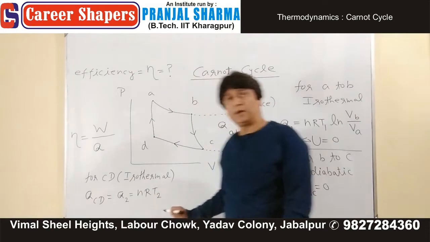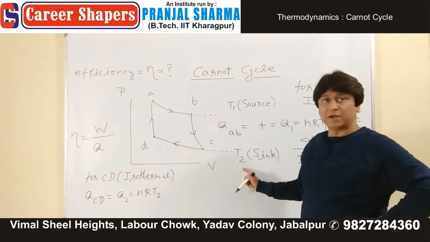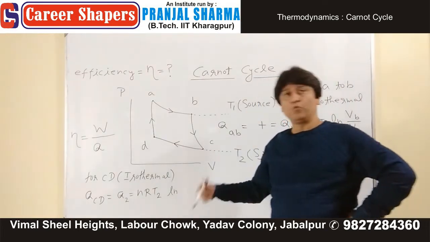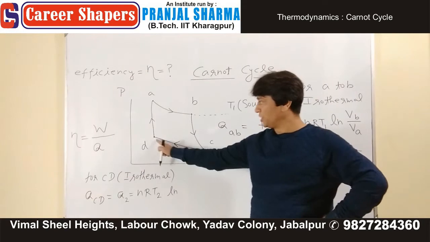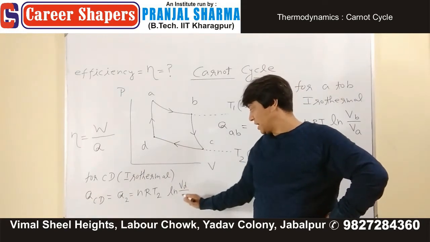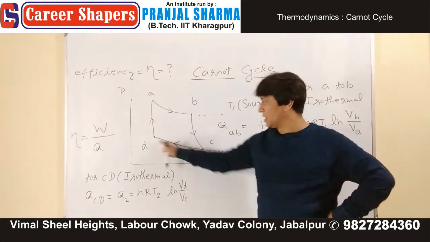Which T? T2. This isothermal compression is at temperature T2, log of V final from C to D. This is the final point, VD divided by VC. V final upon V initial.